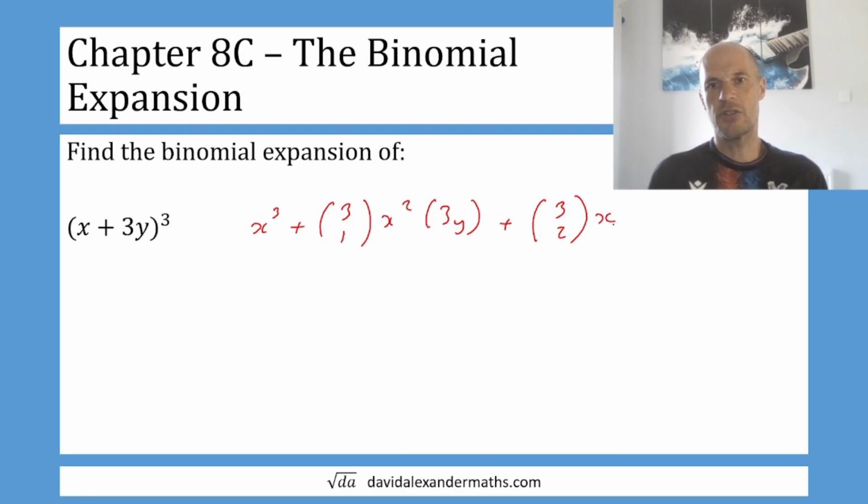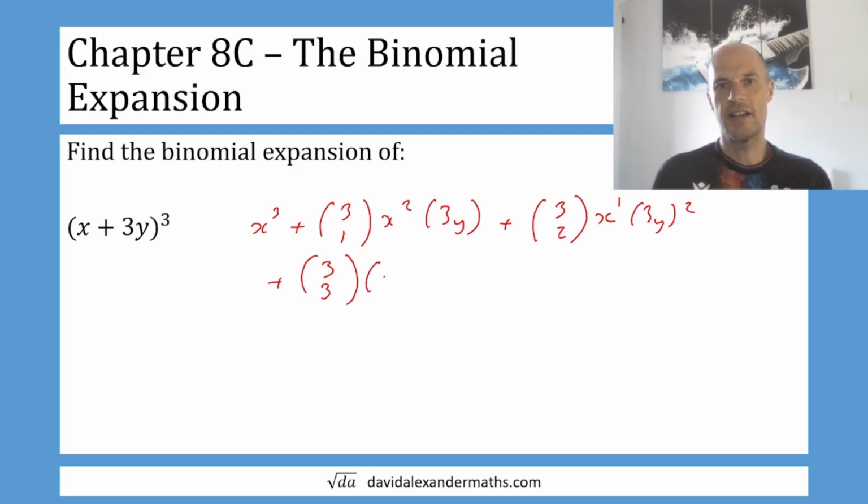I'm going to reduce the powers of x, so it's x to the power of 1, and then it's 3y squared. And then the final term, because there's going to be 4 terms, because the brackets are cubed, and 3 plus 1 is 4, the final will be 3 choose 3, x to the power of 0, so I'm not going to bother writing that, 3y cubed.